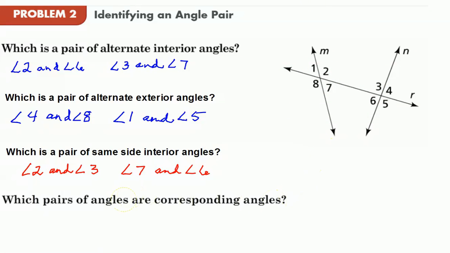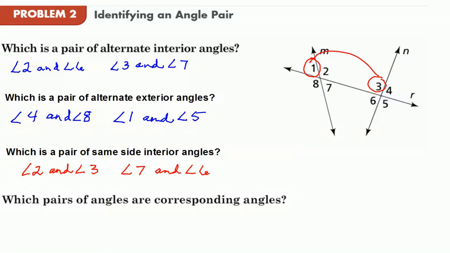Alright, the last set of pairs are corresponding angles. Those are if I were to take line M and put it on top of line N. So if that happened, then that means that angle 1 would land on top of angle 3. And so those are the corresponding ones.